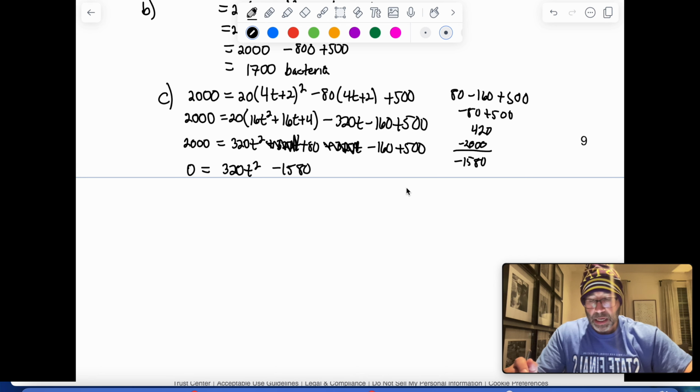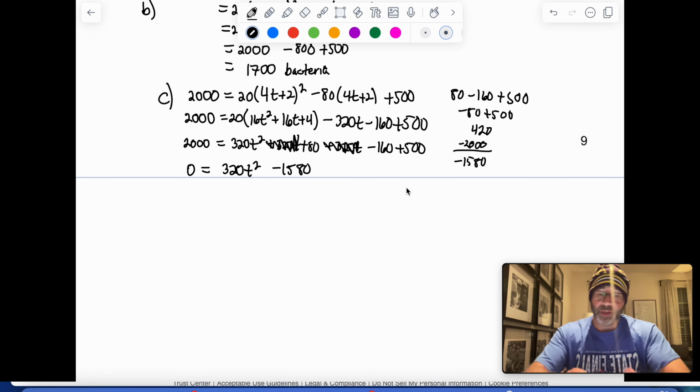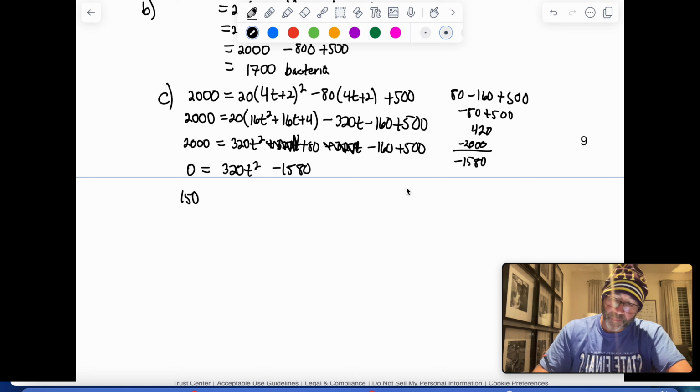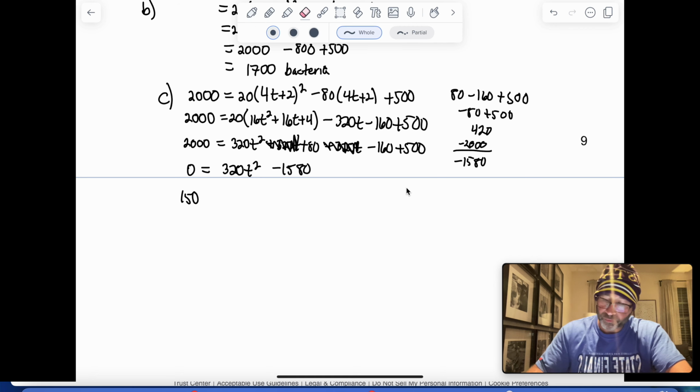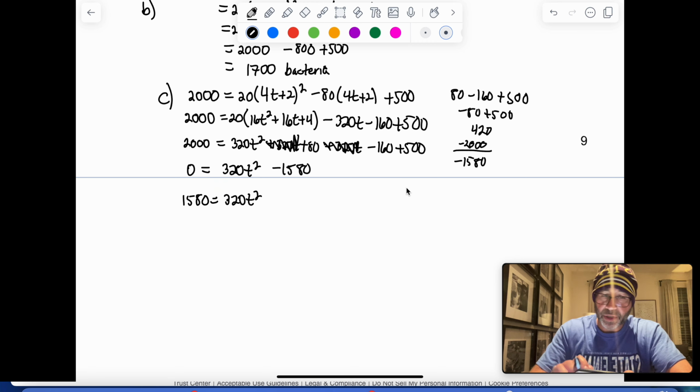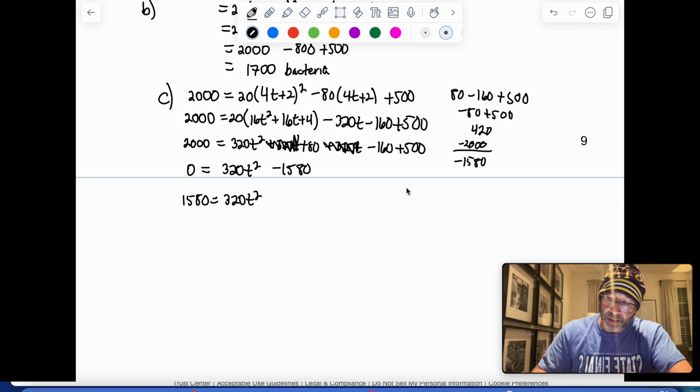Okay. So let's solve this. If we move the 1580 over, we're going to have 320t squared. We divide by 320, we get a decimal, so it's like 4.9375 is equal to t squared.